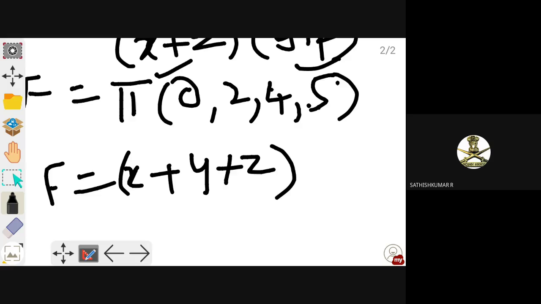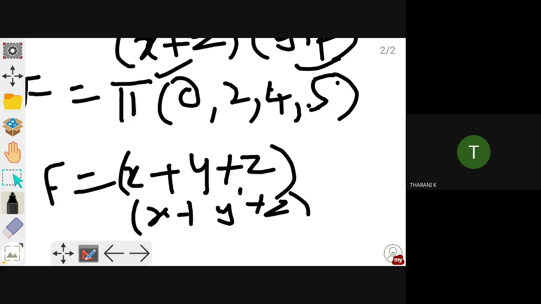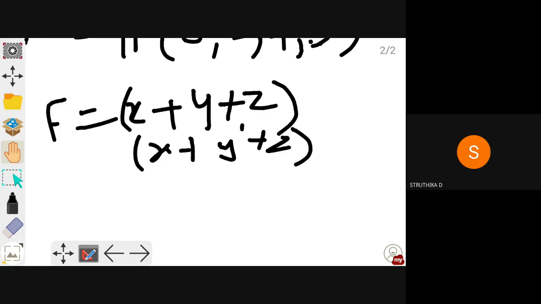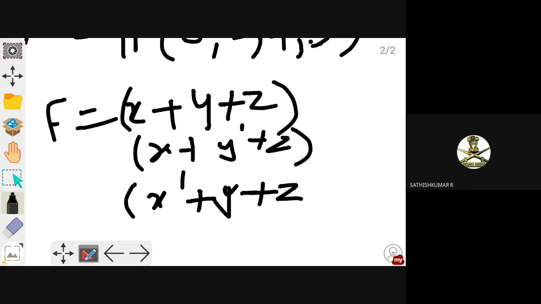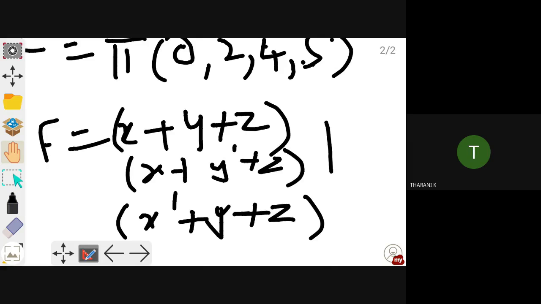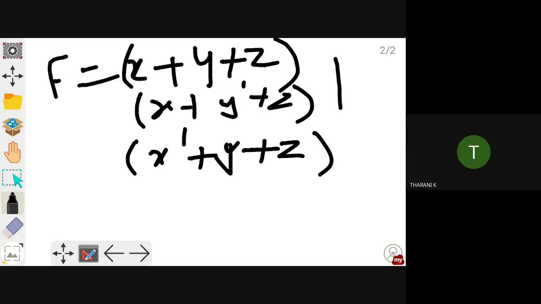And what is M2? X plus Y' plus Z. And what is M4? X' plus Y plus Z. And the next one, M5: X' plus Y plus Z'.